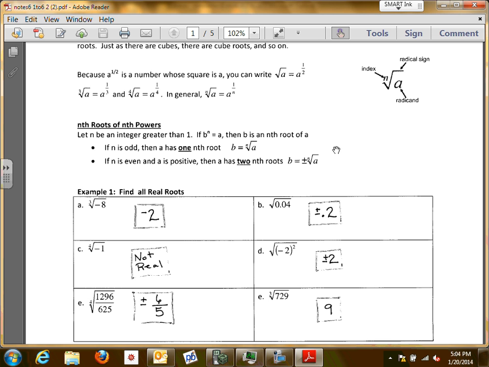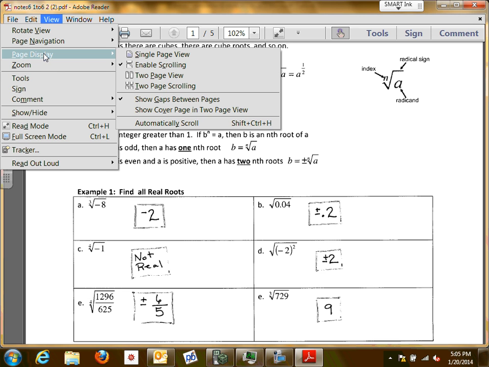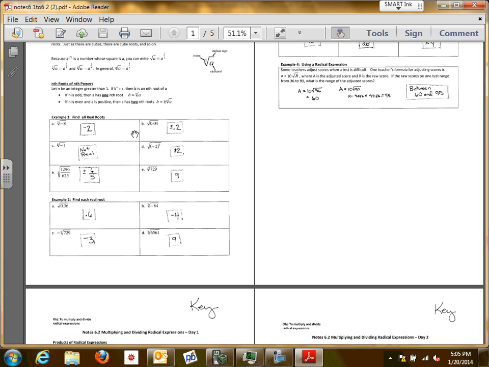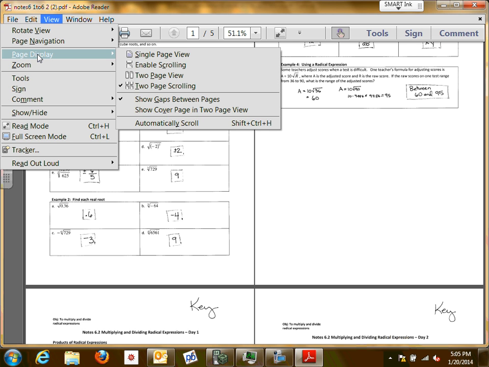I'm going to show you where to do this in the calculator also. All right. So with this first problem, problem A, what's happening is we want to be able to see what that does. Sorry, we'll go back to the other way.